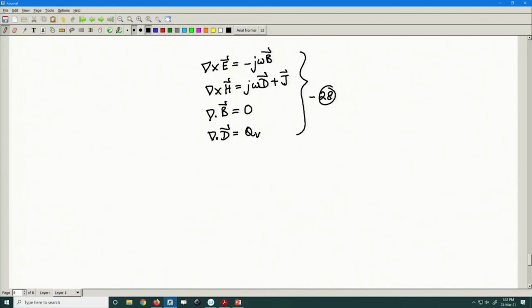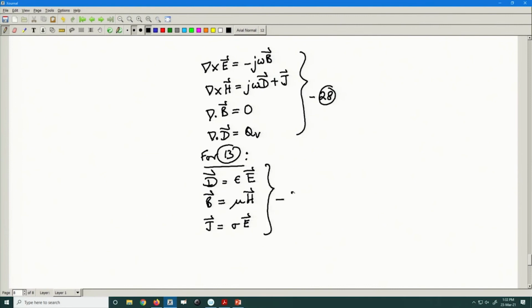From equation 13 also, we can write the corresponding complex forms, where D equal to epsilon E, B is mu H, J is sigma E. This corresponds to 29.